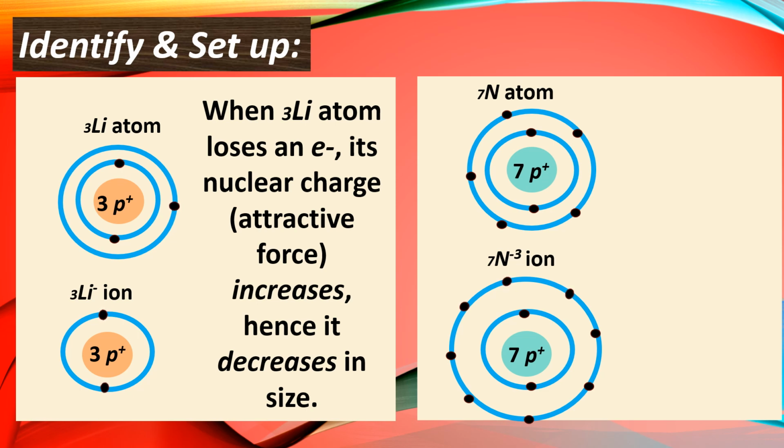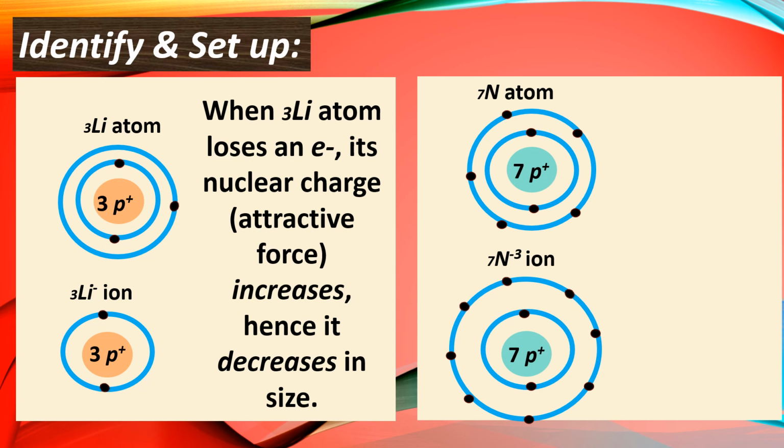The neutral atom has 7 protons in the nucleus. When it ionizes into a nitrogen -3 ion, the protons remain intact, the 7 protons in the nucleus.